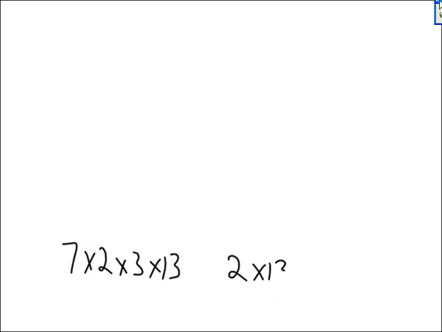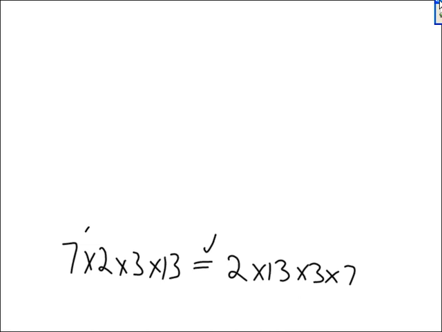Try another number. If you and your classmates do it differently, don't worry. Worry if your answers, up to order, are different. If somebody gets 7 times 2 times 3 times 13, all of which are prime, and somebody else gets 2 times 13 times 3 times 7, these are the same.